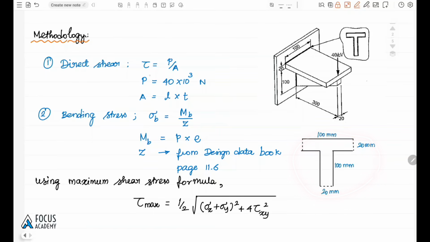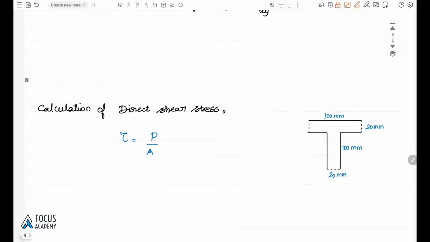After calculating tau and sigma, we combine the stresses using the maximum shear stress formula, which can be taken from the design data book, page number 7.2. In 7.2, the principal stresses formula is given, and from there we can take the maximum shear stress formula. Fine, let me solve the problem.